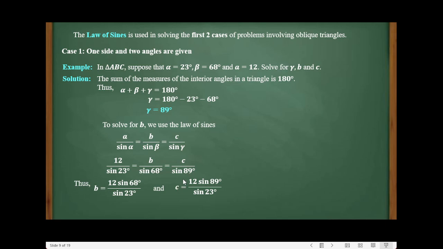Transforming that resulting proportion, we have c is equal to 12 sine of 89 degrees over sine of 23 degrees. Now, using a scientific calculator, we solve for b and c from these two equations. Here, we obtain the value of b, which is approximately 28.48. And for side small letter c, the result is 30.71, or approximately 31. Okay?